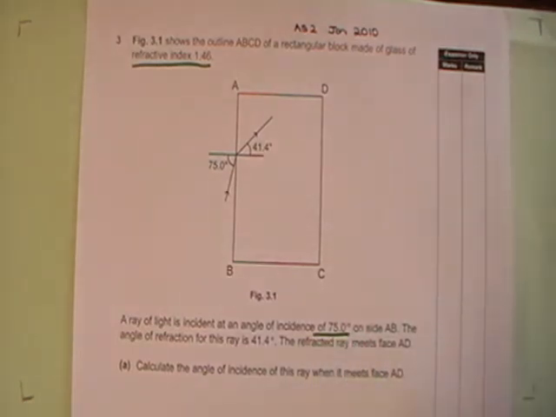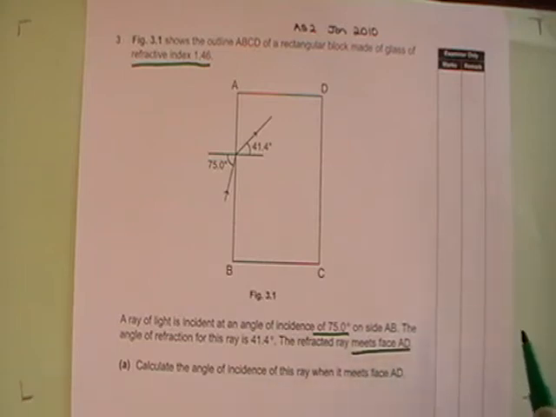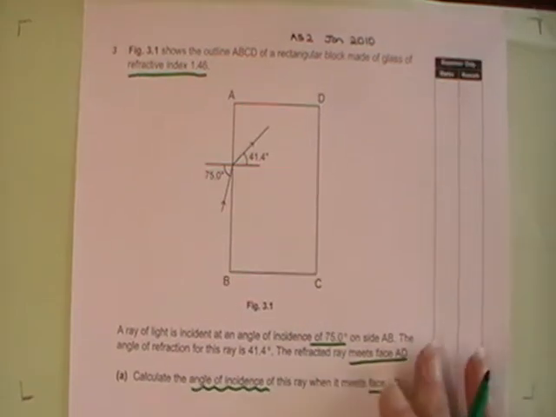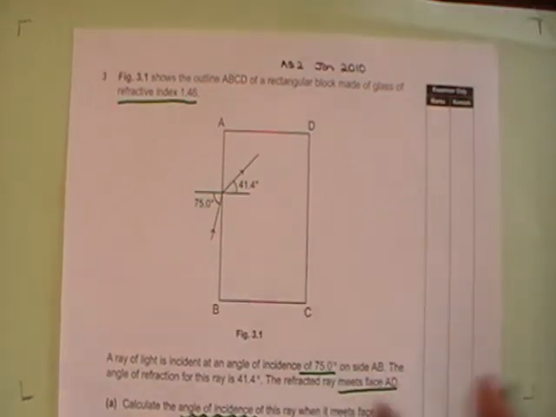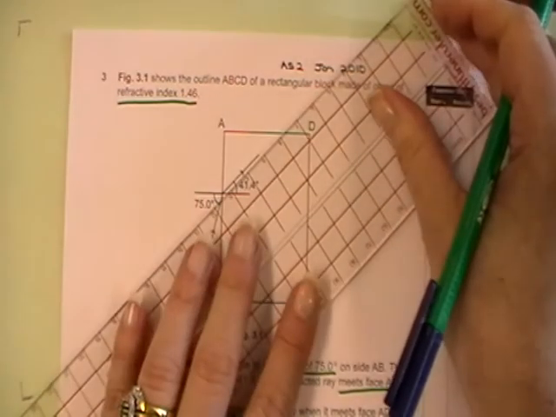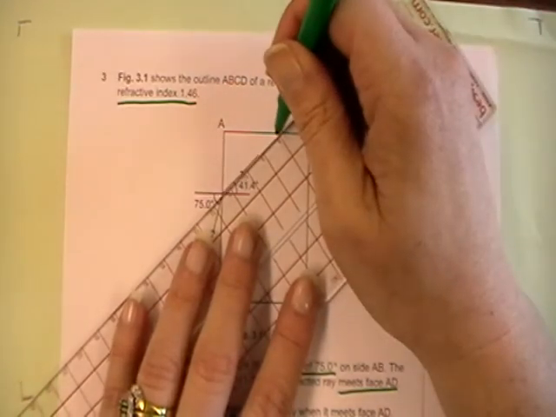On side AB, the angle of refraction for this ray is 41.4 degrees, and the refracted ray meets face AD. So it's telling us that it continues on to meet face AD. Calculate the angle of incidence of this ray when it meets face AD. So the first thing we must do is continue the ray on until it meets AD.